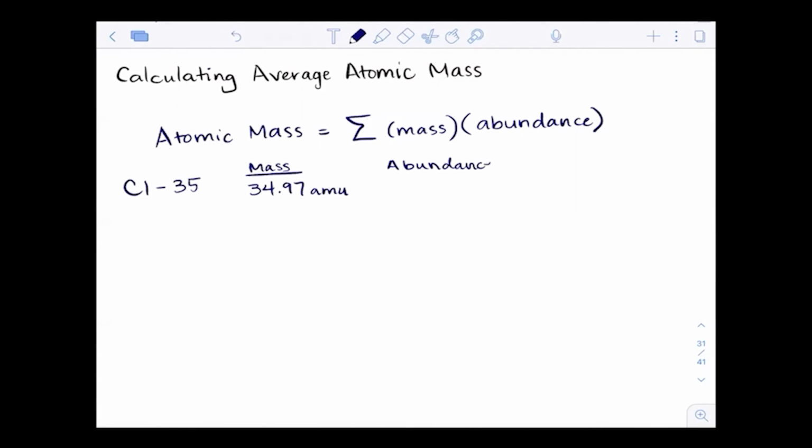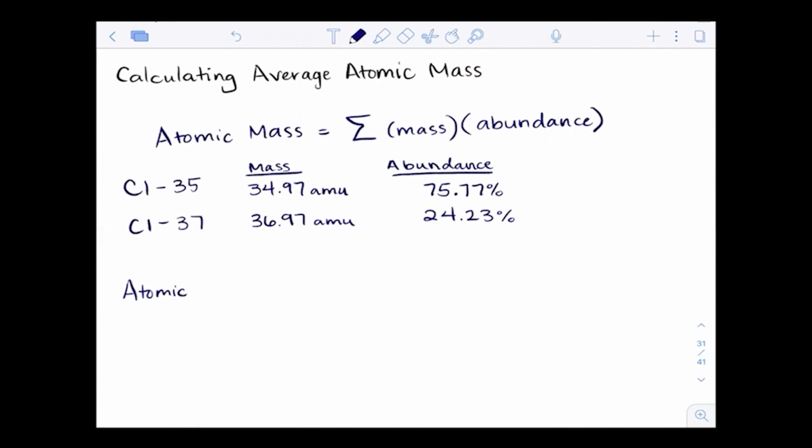And the abundance, or the isotopic abundance, which is always given as a percentage, 75.77%. Now, chlorine 37 is also an isotope of chlorine. It has a mass of 36.97 AMU and an abundance of 24.23%.